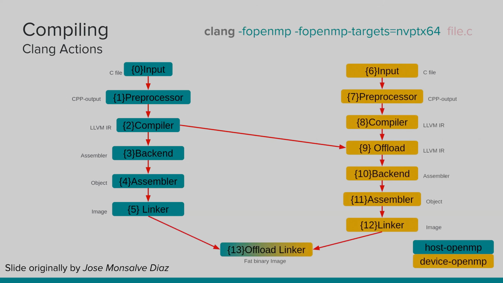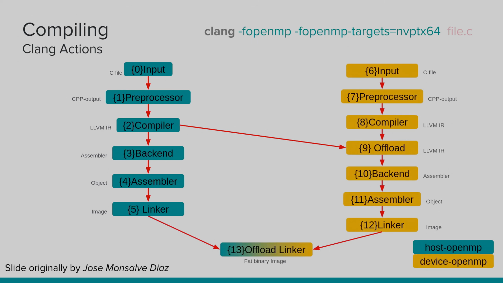In LLVM, we actually run a second preprocessor run and a second compiler, and then we have an offload step that takes information from the host compilation as part of the device compilation. This is crucial, but I'm not going to go into much detail. Then we go through the assembler and the object file linker, same as before. This time we just have a different target. In this case, if you see at the top, the target that we compile for is NVPTX64.